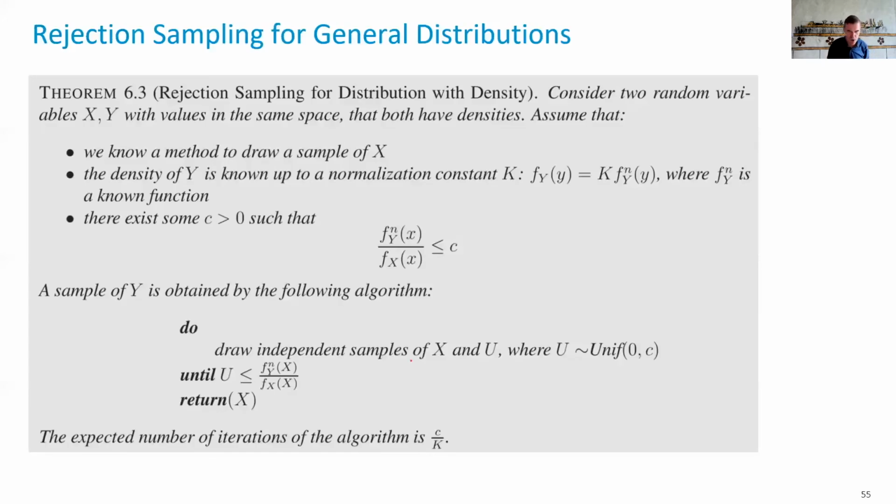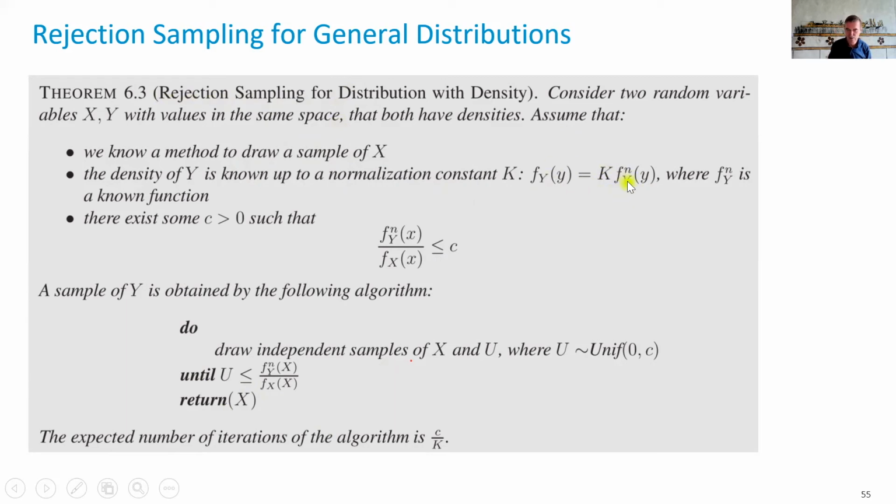So this example is an immediate application of rejection sampling. That is one of the practical uses of rejection sampling, which can allow us to draw a sample from a distribution that is known up to a normalizing constant. If we know the normalizing constant, it doesn't hurt, but if we don't know it, it doesn't matter.